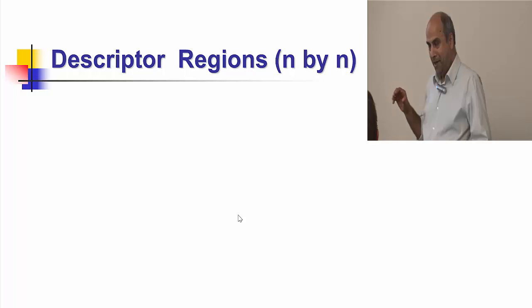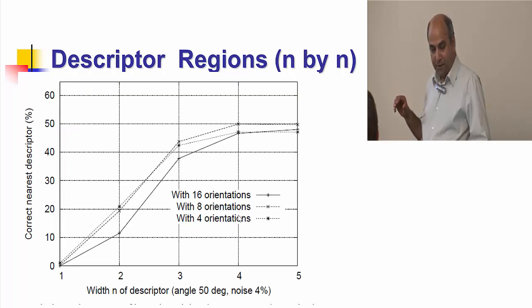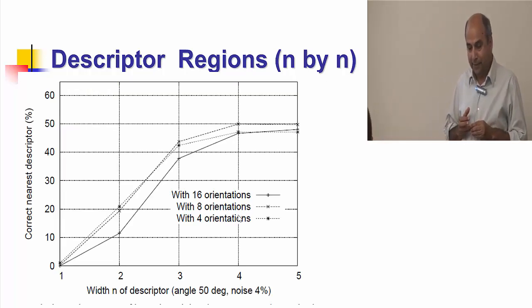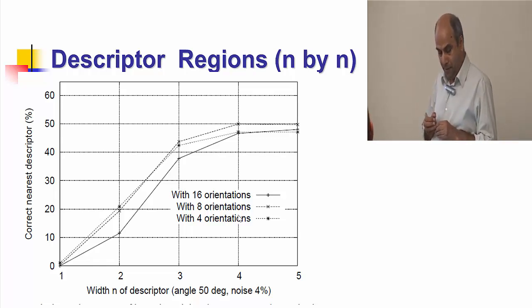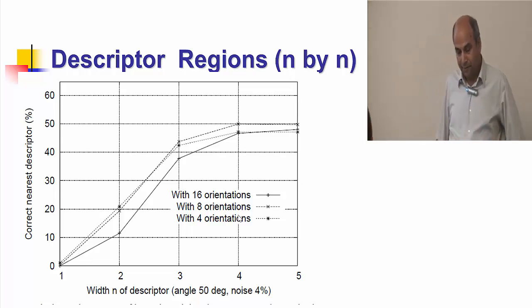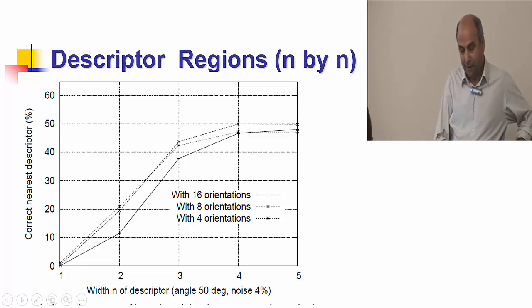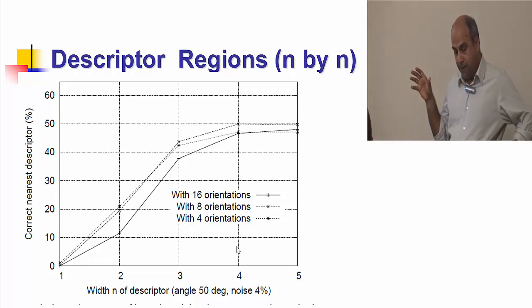We are going to normalize this. So the first question is how big these windows should be. Again, he did an empirical experiment, looking at these images and transformed versions of them, at different orientations, and testing whether the histogram should have 4 bins or 8 bins or 16 bins.